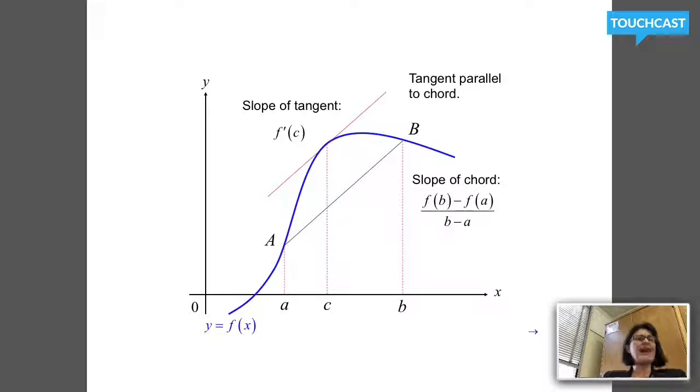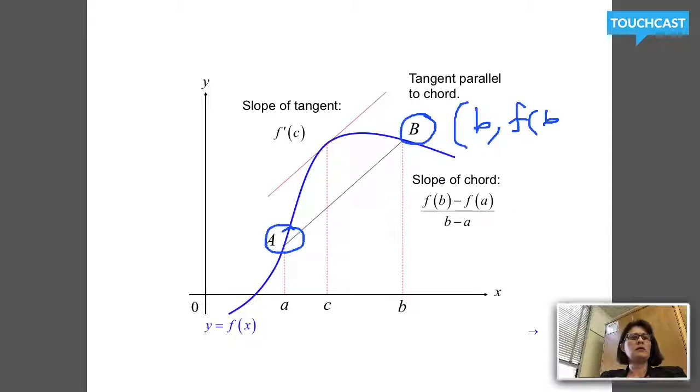If you have a function like that, so here's a very nice, plain, boring, smooth f function, and you pick 2 points on that function, here they happen to be called capital A and B. You could think about the ordered pair. This is b comma f of b.